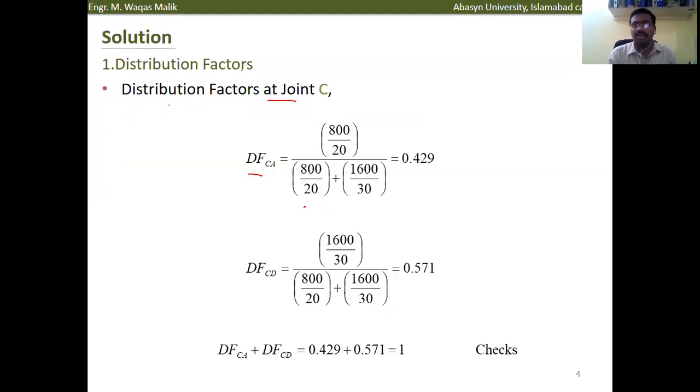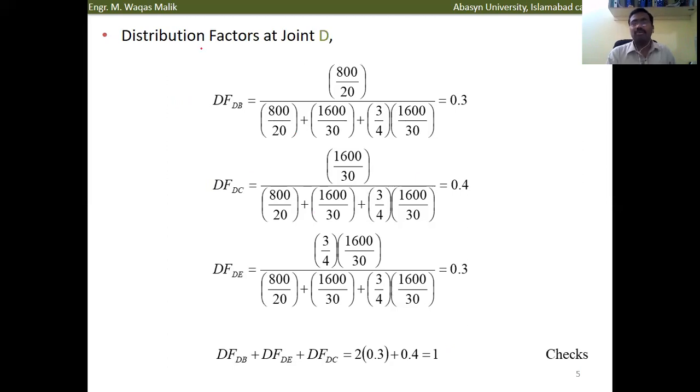So it will be 800 by 20 plus 1600 by 30, and after the solution the answer comes out to be 0.429. Similarly, we find the distribution factor for the member CD, and its value comes out to be 0.571. As I already mentioned, the sum of the distribution factors at any joint must be equal to 1, and it serves as a check for our problem.